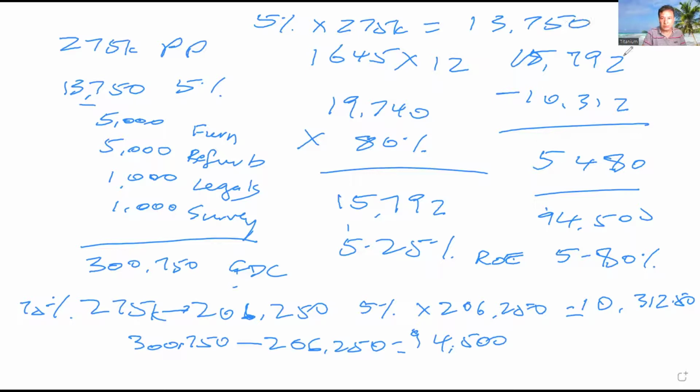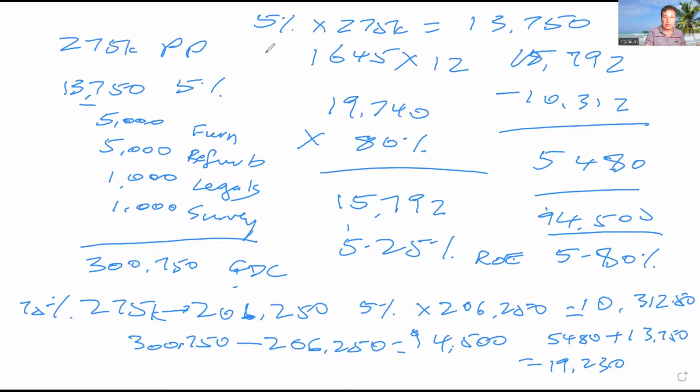So total will be 5,480 plus 13,750 gives you 19,230. Okay, divide by the money left behind.